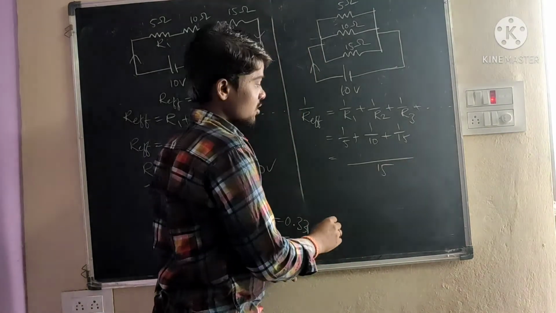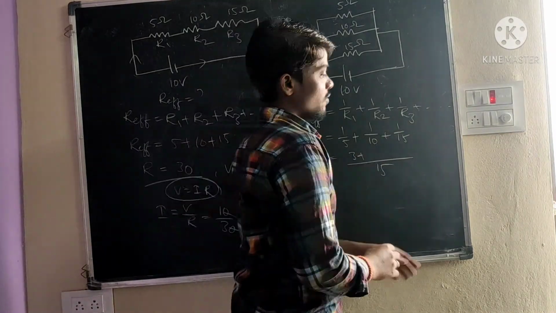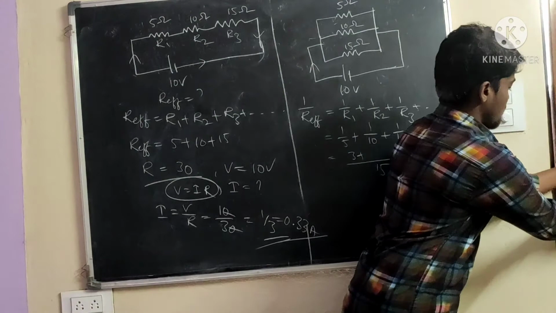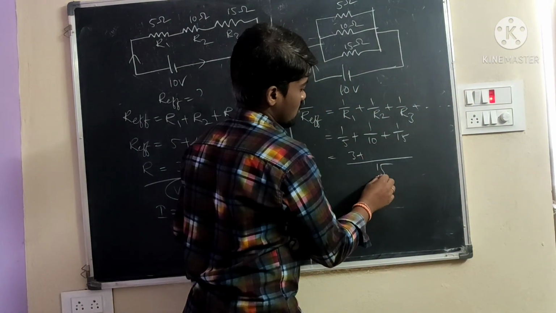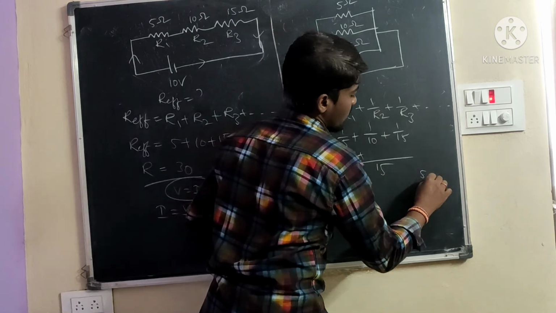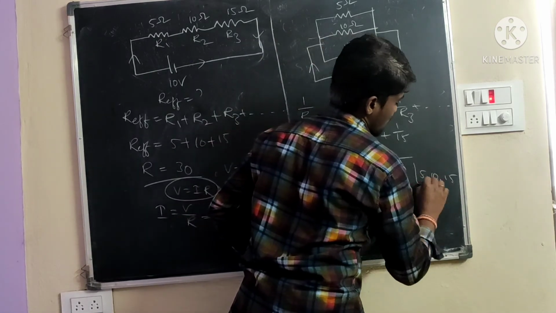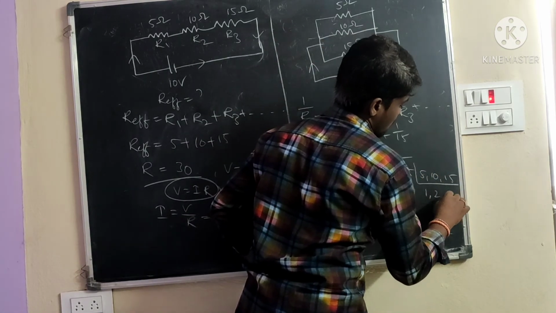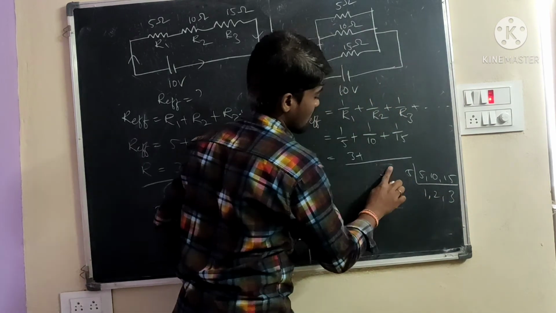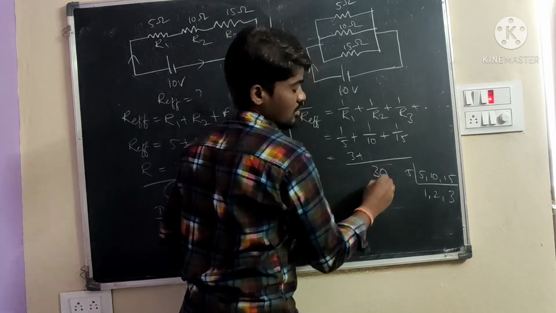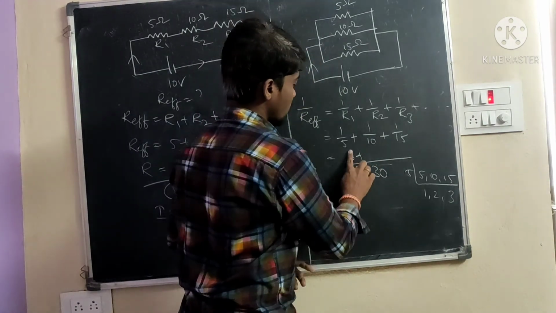The LCM of 5, 10, 15 is 30. 5 sixes are 30.